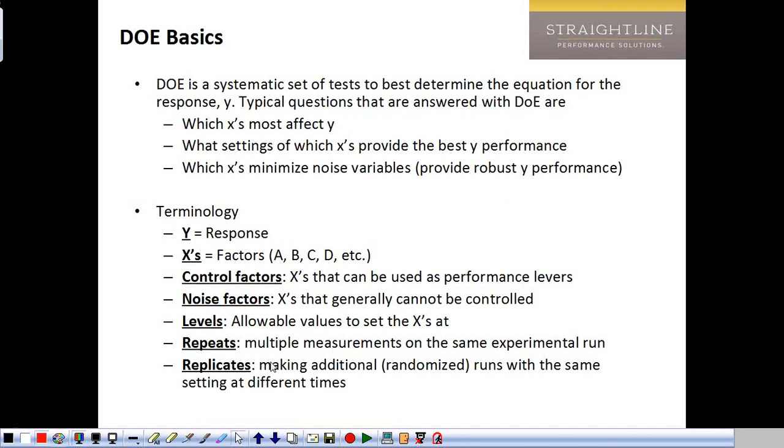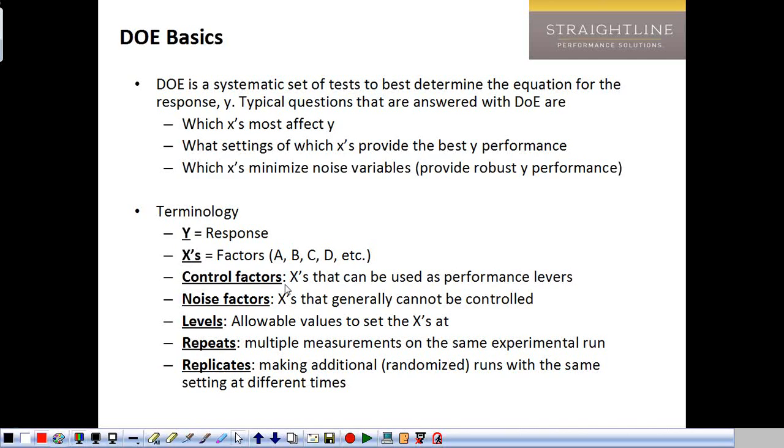Okay, keeping on the terminology, what we're trying to do is find which X's most affect a Y. Y is the response, and the X's are the factors, A, B, C, D, and E, and so forth. We have control factors, the X's that we can do something about and adjust, and noise factors, X's that we can't really control.